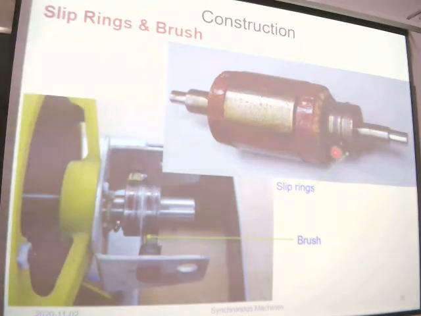The DC source is connected here to generate the magnetic flux. This is the brush. It is different from the DC motor's commutator.